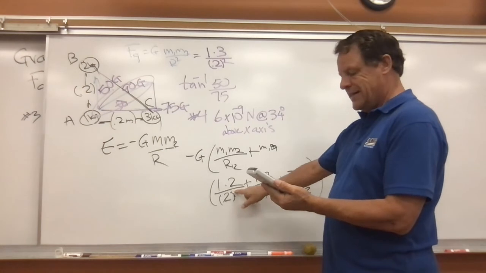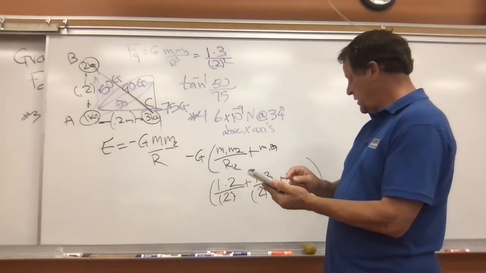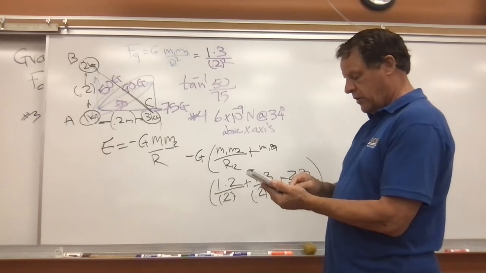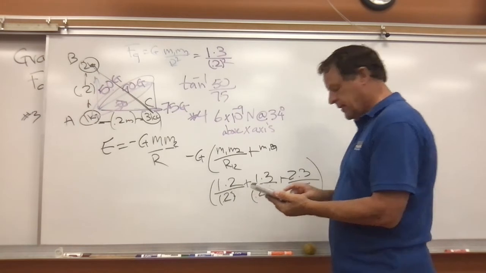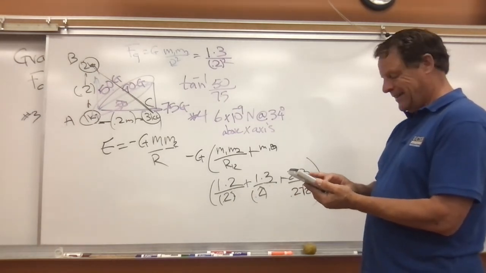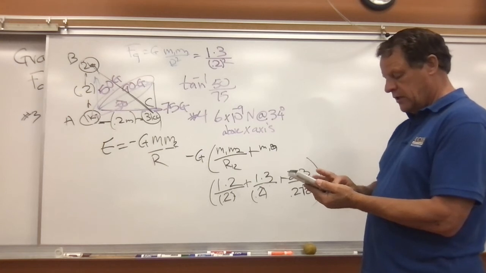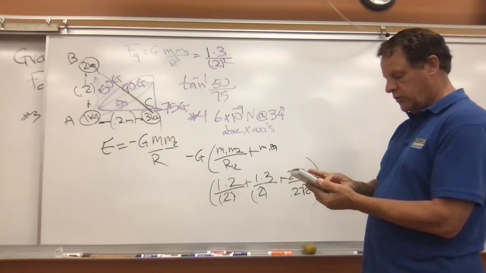So that's going to be 10 plus 3 divided by 0.2, which is going to be 15, which gives us 25. And now we're going to say plus 6 divided by the quantity of 2 times the square root of 2.